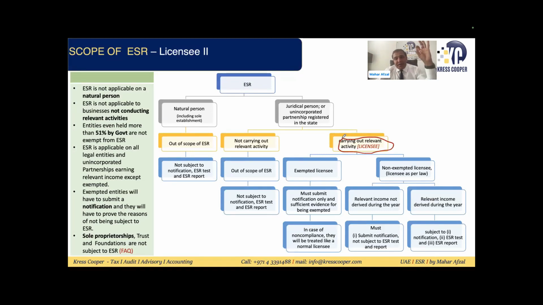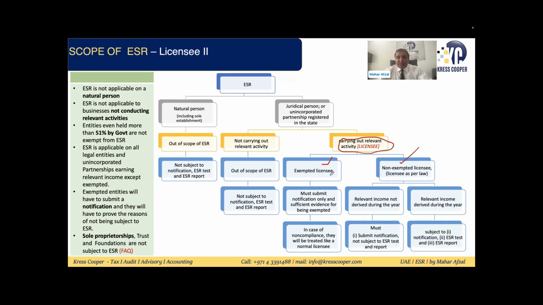So if the juridical persons or unincorporated registered partnerships are carrying out any relevant activity within the UAE, they will be considered licensee. We have discussed there are two categories. One is the exempted licensee, and the other is the non-exempted licensee.